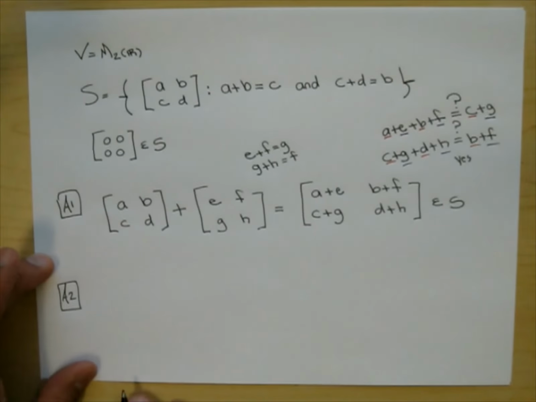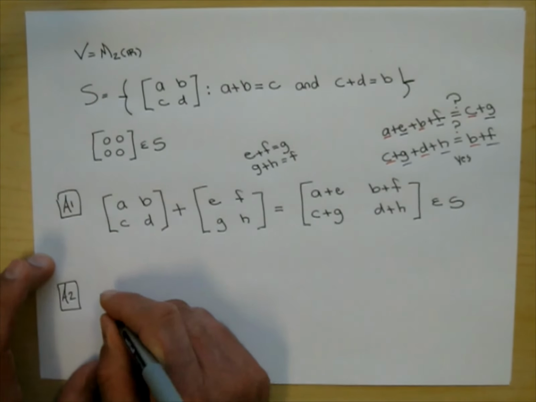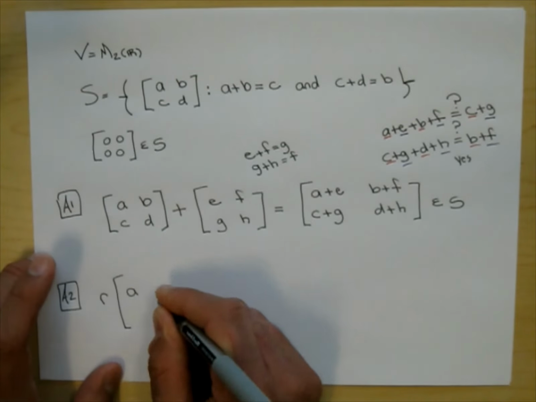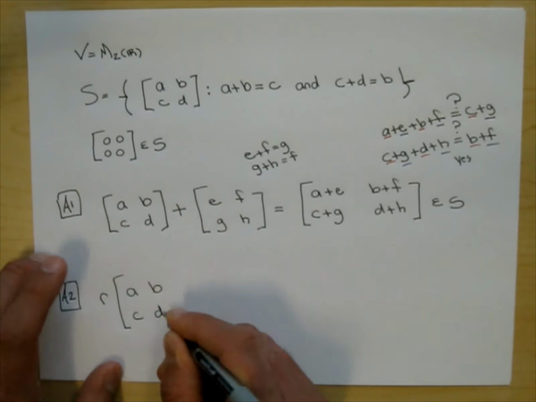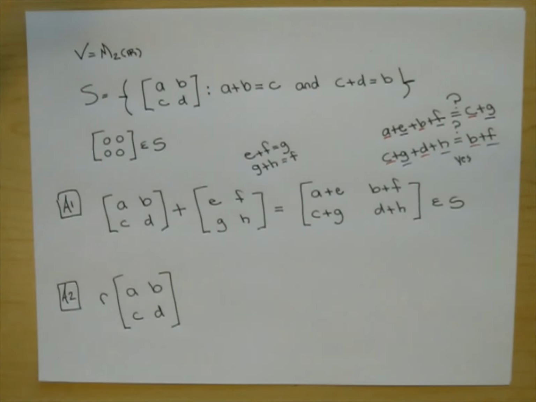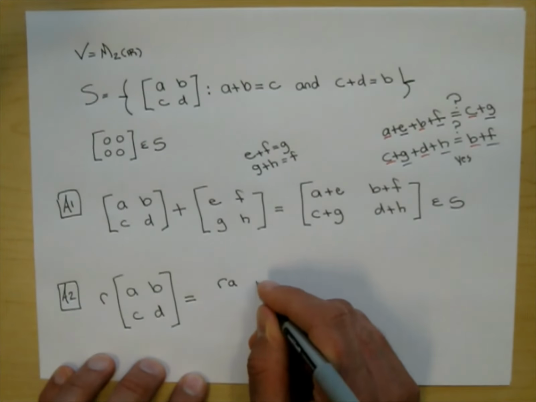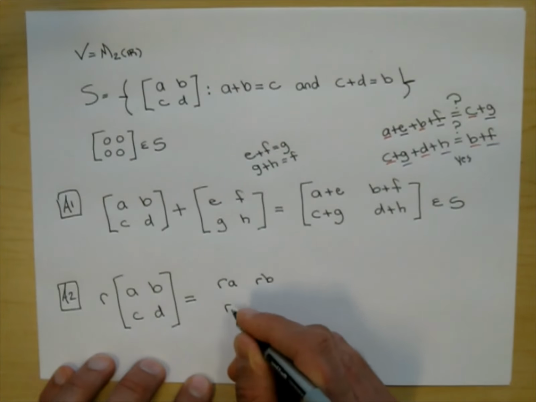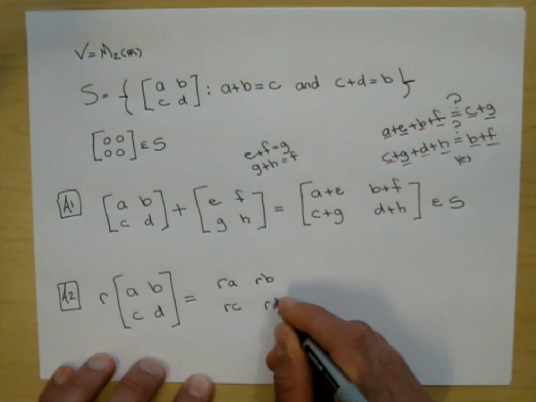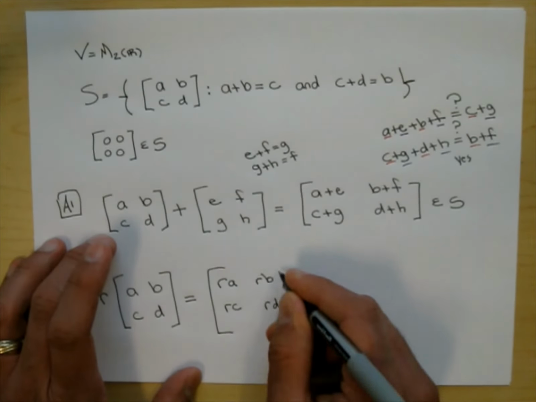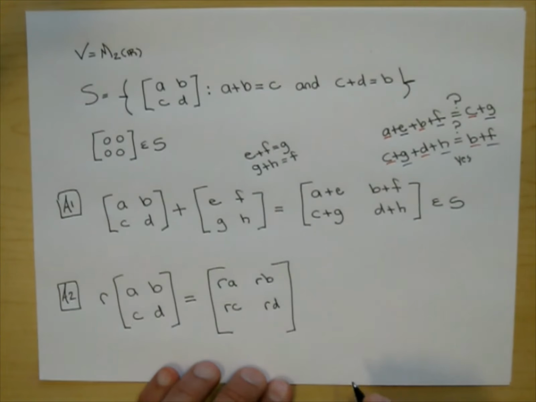Axiom 2 says scalar multiplication, R times A, B, C, D, will also be in the party circle. Let's check this out and see what happens. We have RA, RB, RC, RD. Okay, well let's check.